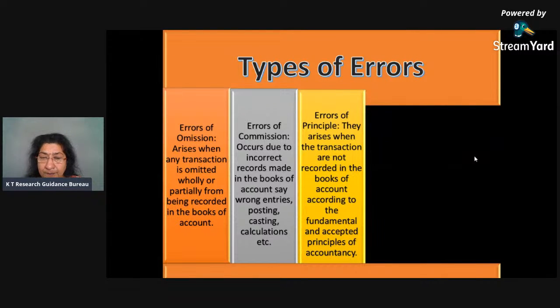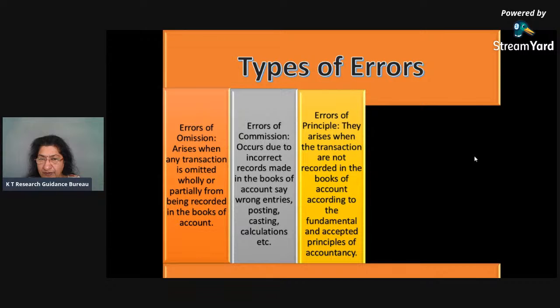You know, principles of bookkeeping. And if you misinterpret the transaction, you may not follow the principle and an error arises. That time, those errors are considered errors of principle.